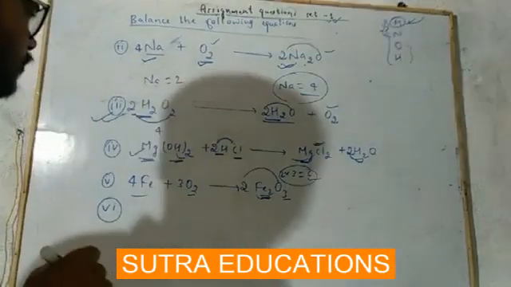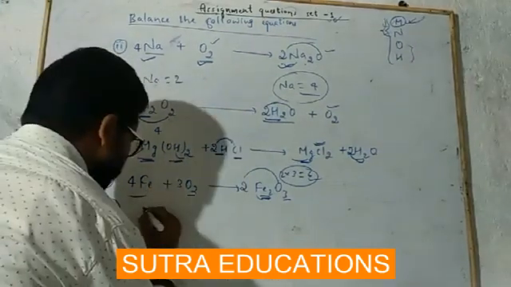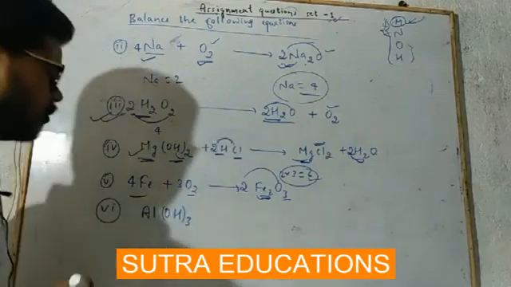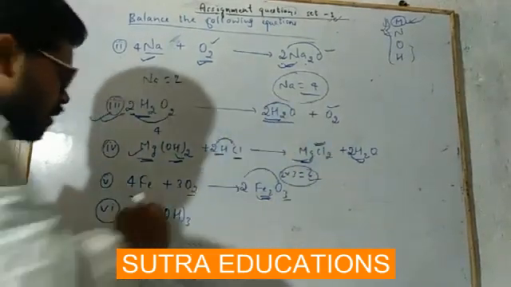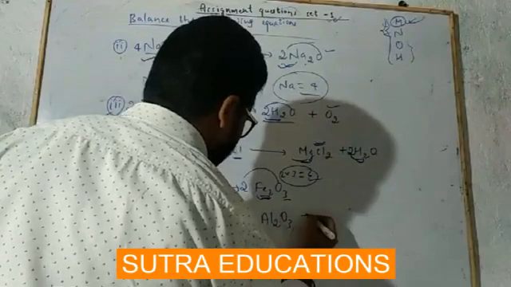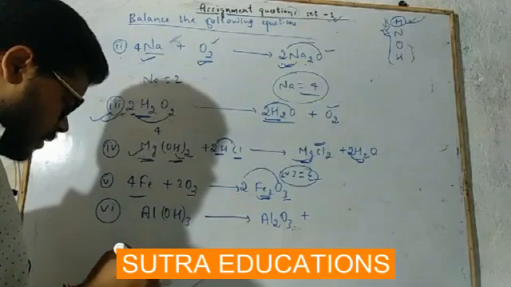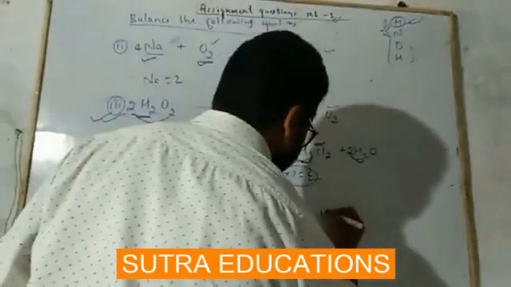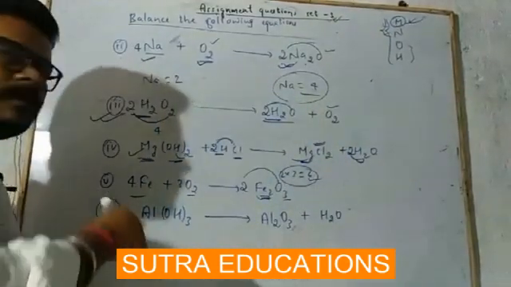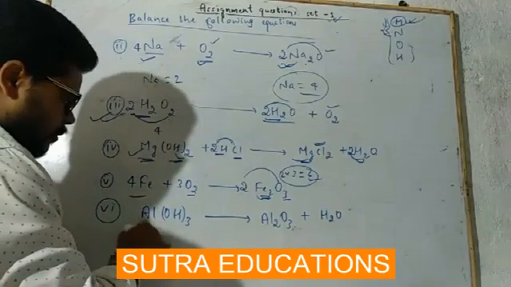6 is Al(OH)3 to Al2O3 plus H2O. So if it is Al(OH)3, then look for the metal.